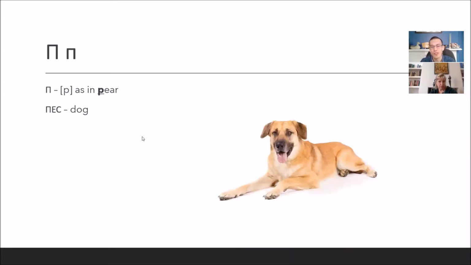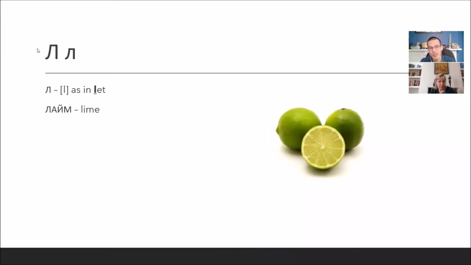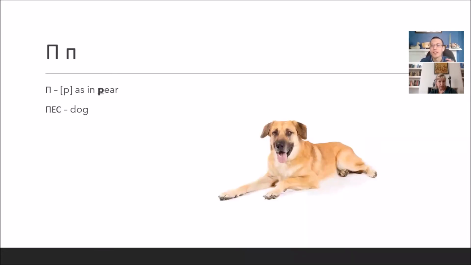You can see the difference. Letter L looks very similar, but it has a little tail following it. Letter P is slightly different, and it is easier to memorize letter P as it's similar to letter pi, which equals 3.14, I believe.